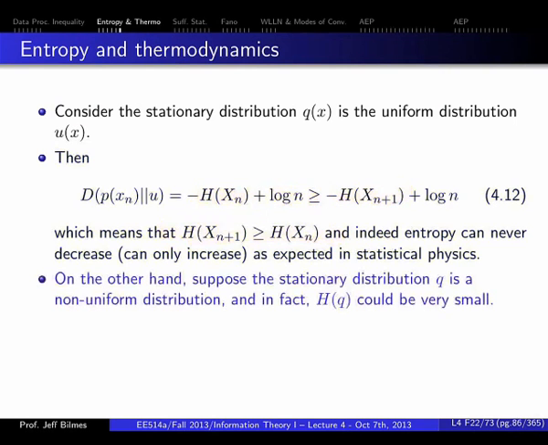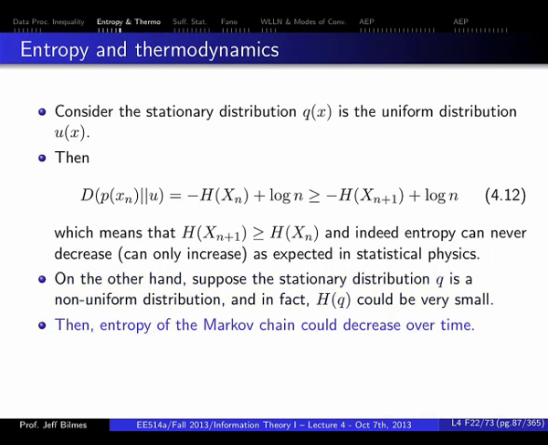But the not so depressing news is, suppose the stationary distribution is a non-uniform distribution. In fact, let's say the stationary distribution is just a zero entropy distribution. Then it says the same thing, but the entropy of the Markov chain can decrease over time, because you're approaching an entropy of 0.